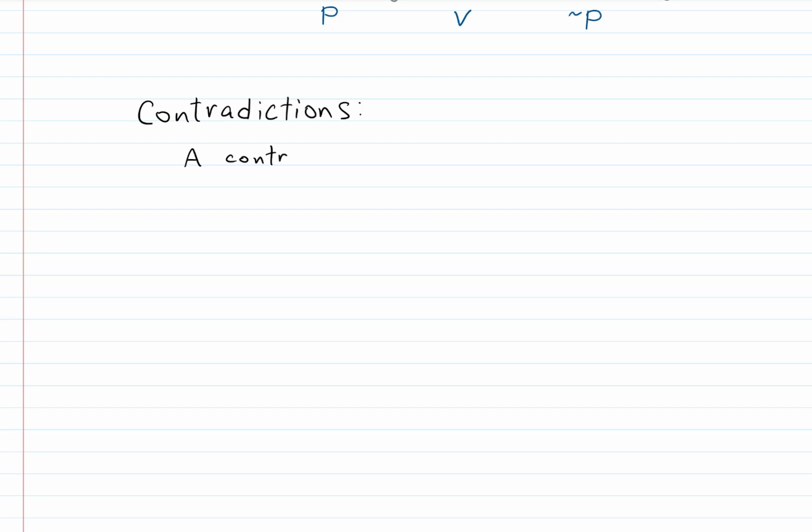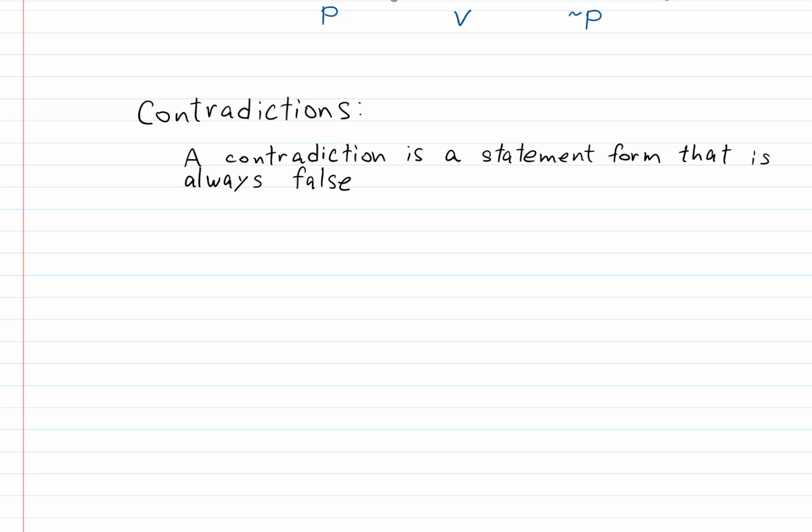A contradiction is a statement form that is always false, regardless of the truth values of each component.